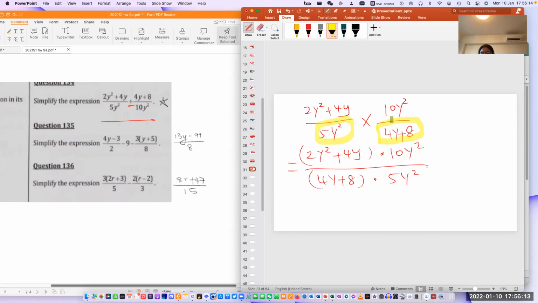Why did I switch the place? Why did I put the 5y squared at the back and the 4y plus 8 in front? Do you know why? Exactly. I have a bracket here and a bracket here. If I arrange my numerator bracket times something, then it makes sense for me to arrange the denominator the same way.